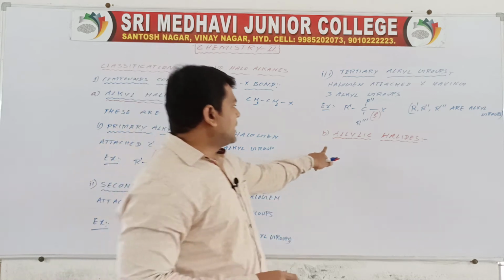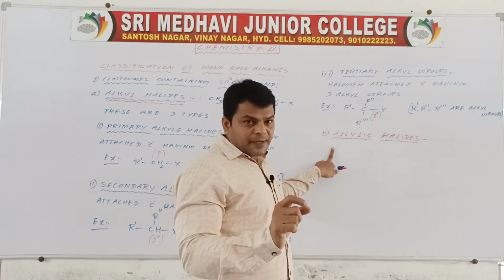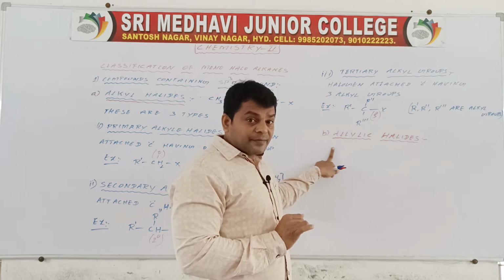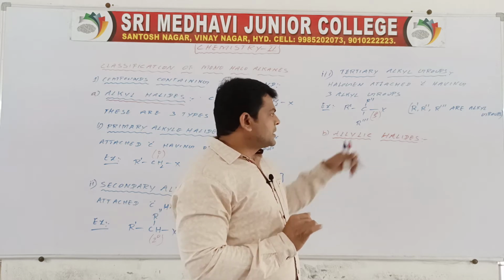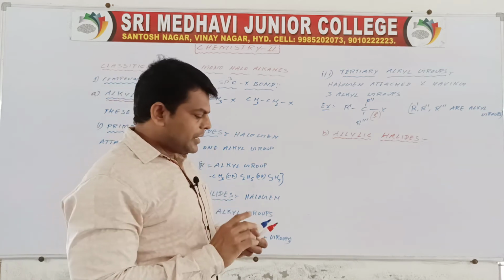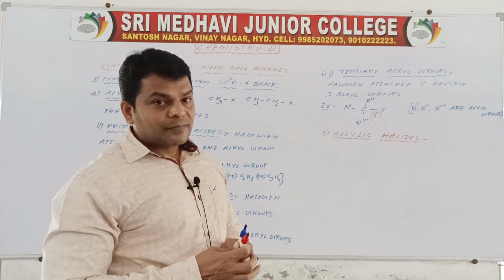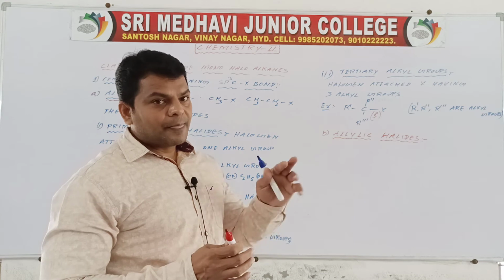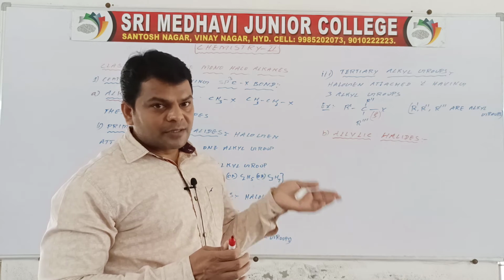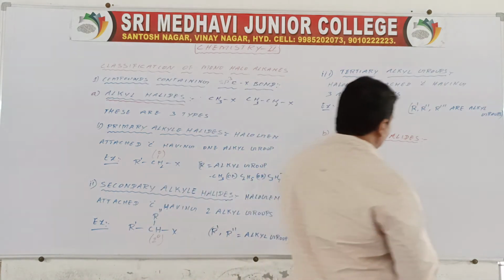Here the halogen-attached carbon atom is sp3 hybridized, and the next carbon is C double bond C. That is nothing but allylic halides.